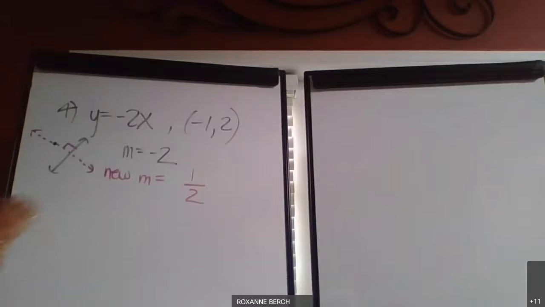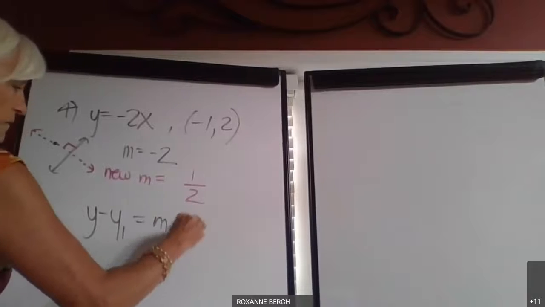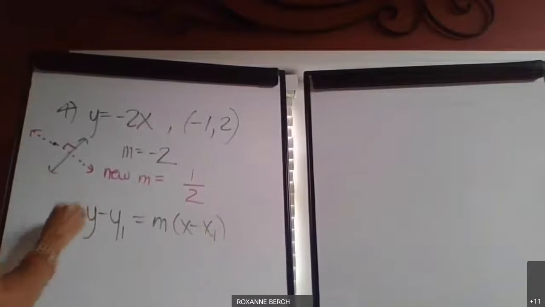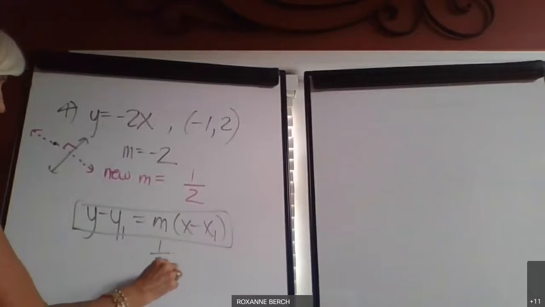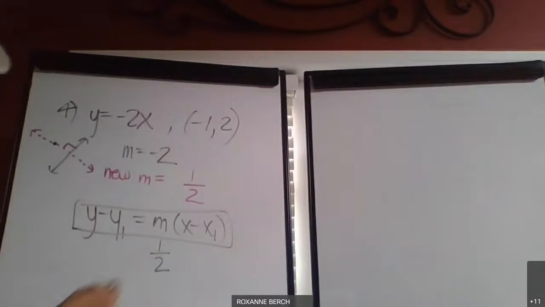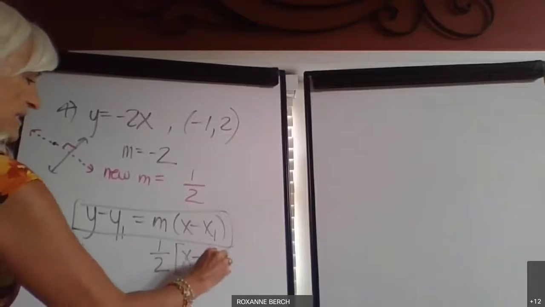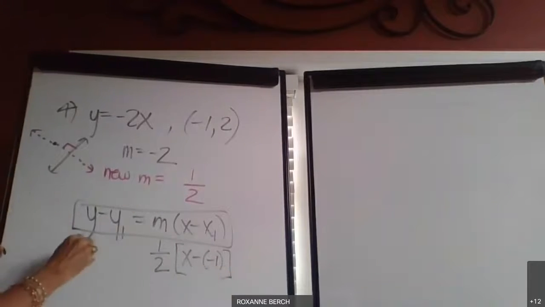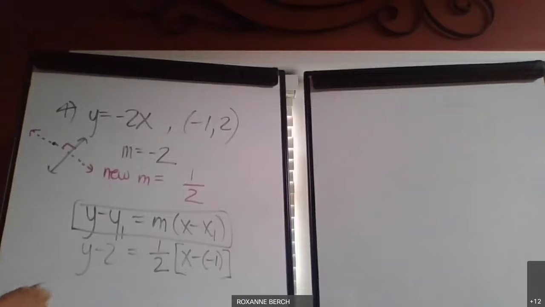So now you're going to use point slope form, and you're going to put your new slope in along with the point. So this would be x minus a negative 1, and this would be y minus 2. They said that they want point slope form and slope-intercept form.